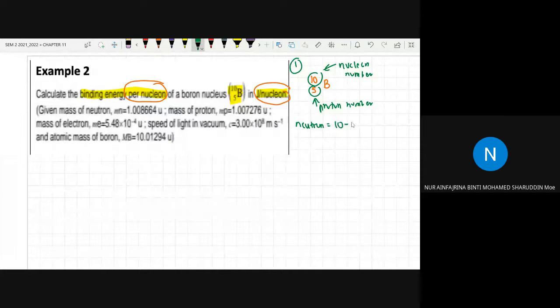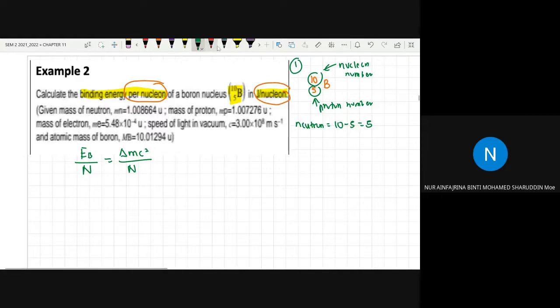Neutron number is 10 minus 5, which is 5. Then given the mass of neutron, proton, electron, speed of light in vacuum, and atomic mass of boron. We know the formula for binding energy per nucleon is mass defect times speed of light squared over N, your nucleon number.